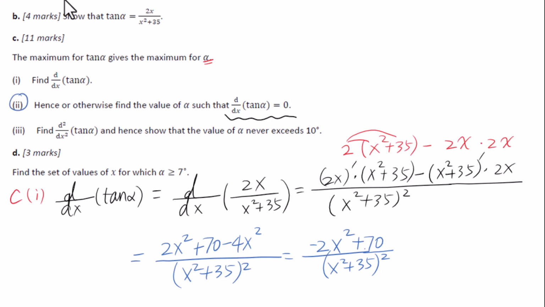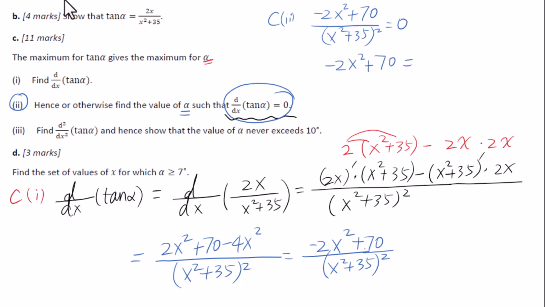For C2, hence or otherwise, find the value of alpha such that d by dx of tangent alpha equals 0.